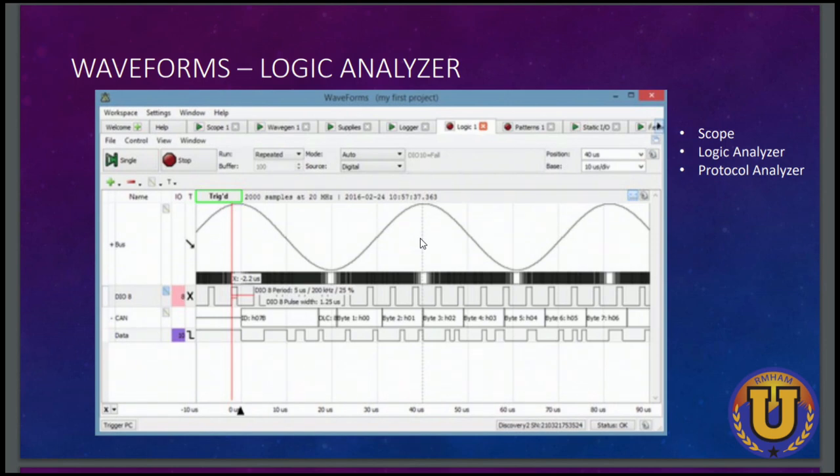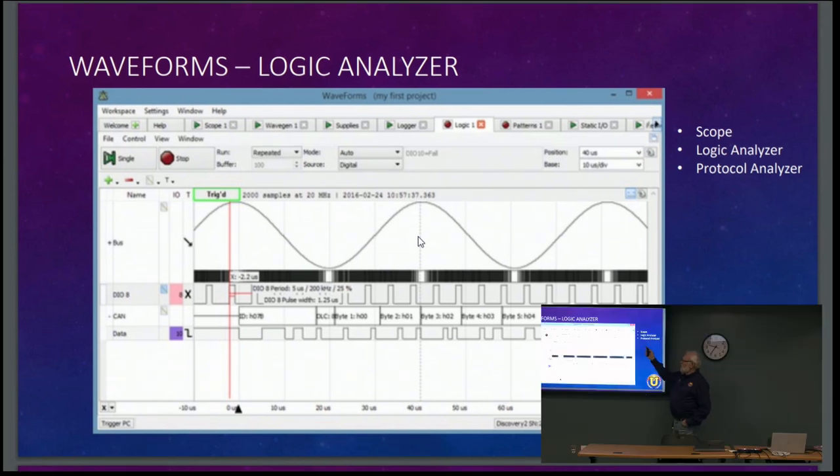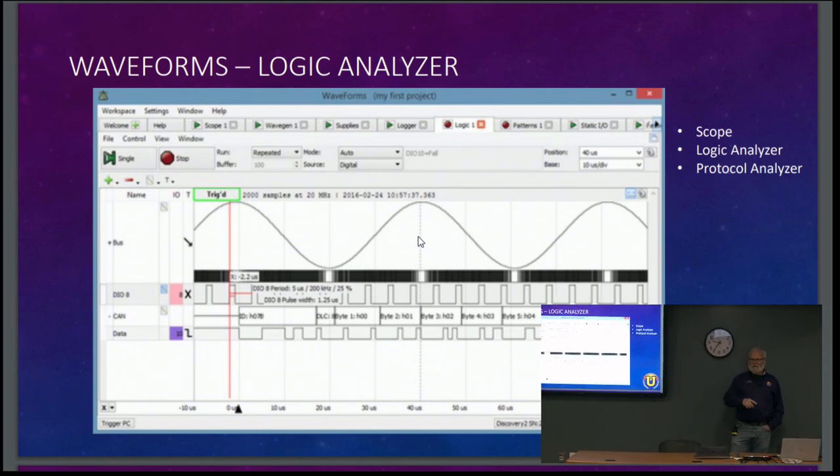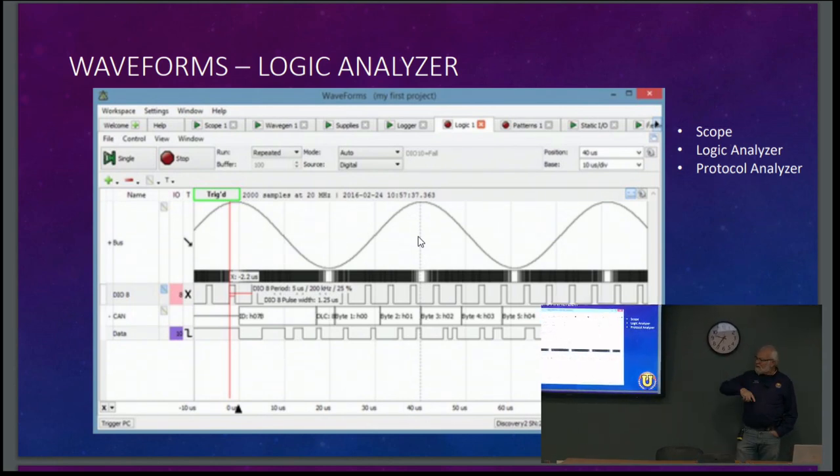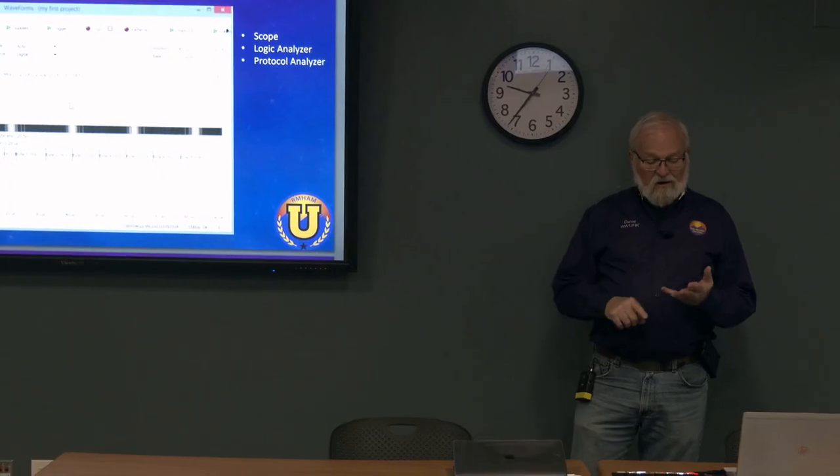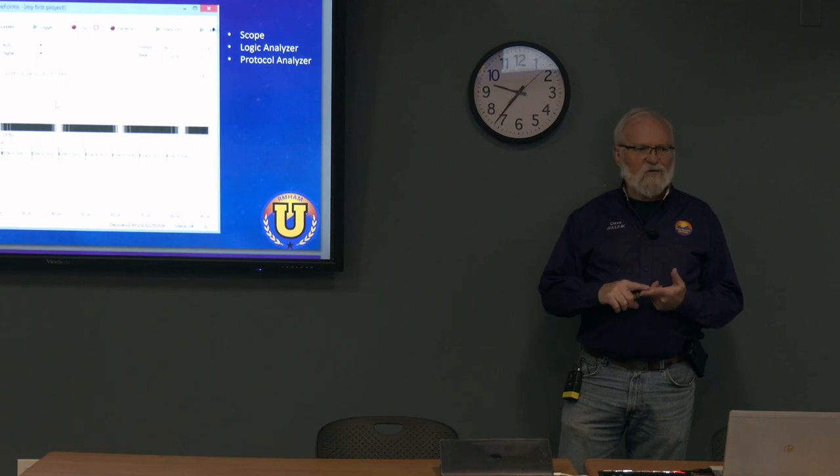And which one is this? Logic analyzer. The cool thing about the logic analyzer, and about this interface in general, is you can open an oscilloscope channel, you can open the logic analyzer channels, and it's got a protocol decoder, a protocol analyzer in it that I'll talk about in a second, where you can look at UARTs, I2C, SPI, one wire.